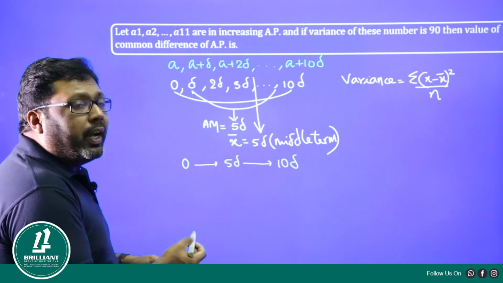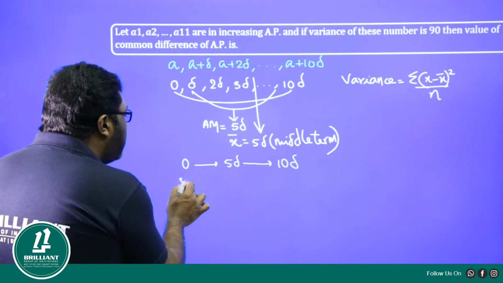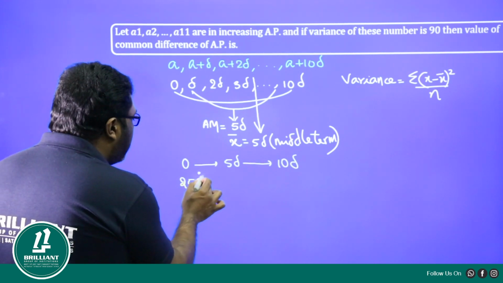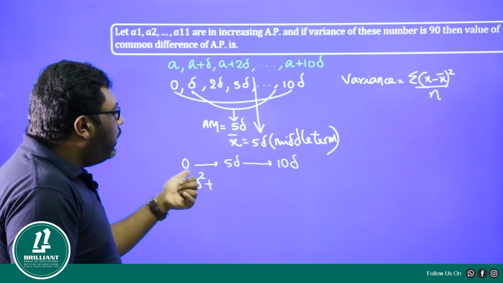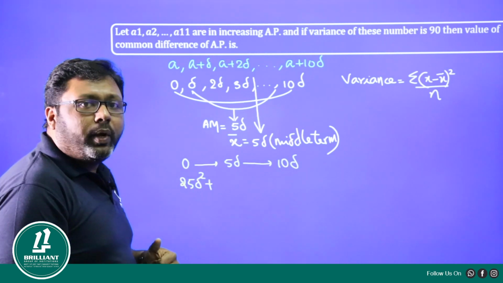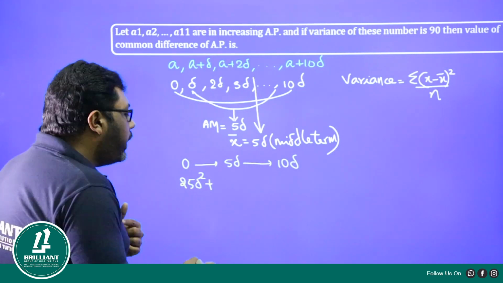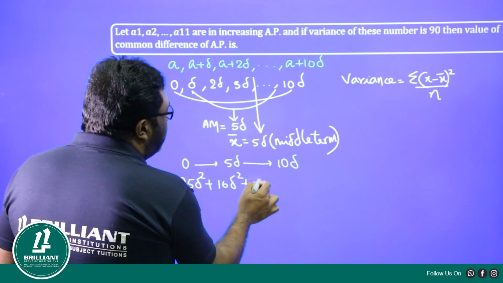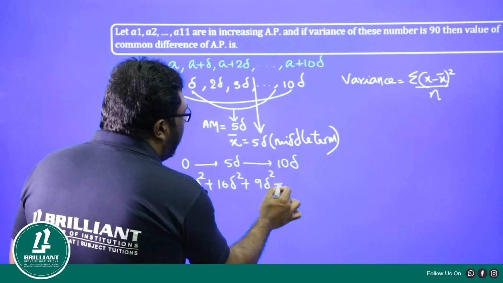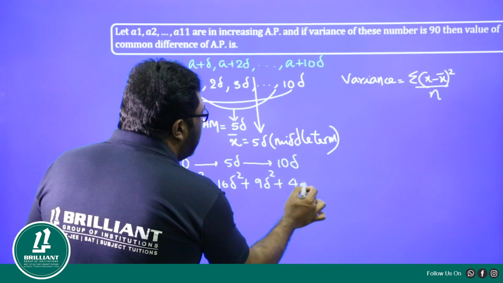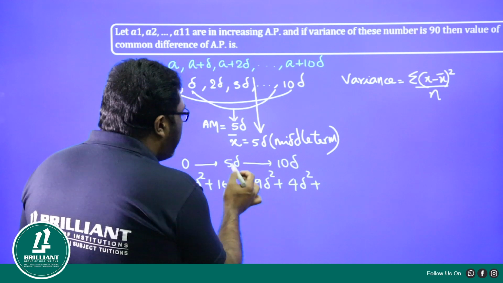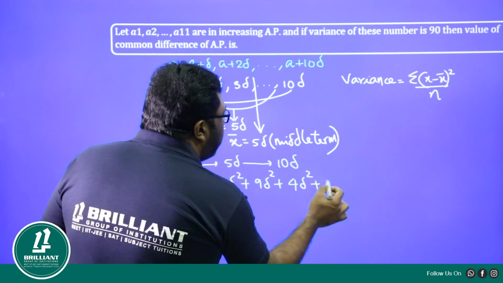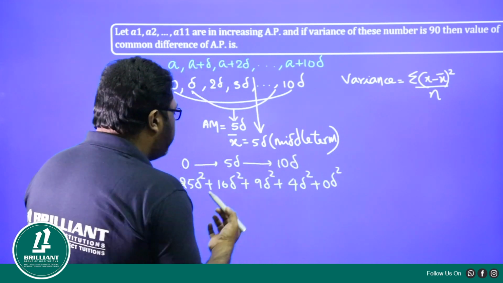So 0 minus 5D, the whole squared, is 25D squared. Then 1D minus 5D, that is 4D, the whole squared, is 16D squared. The next would be 9D squared, and the next 4D squared, and the next, 5D minus 5D, which is 0D squared.